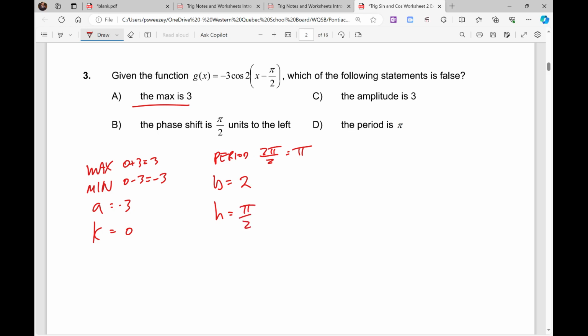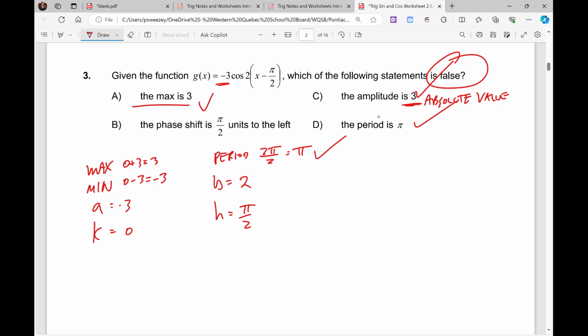Now, maximum being 3, that checks out. We're looking for what's false. The amplitude is an absolute value, okay? So the fact that it says 3, and I know that the A value is negative 3, I don't really care about that negative. I just care about the absolute value of it. So I can say that this guy is true. The period is pi. I already did that. I can see that right off the bat.